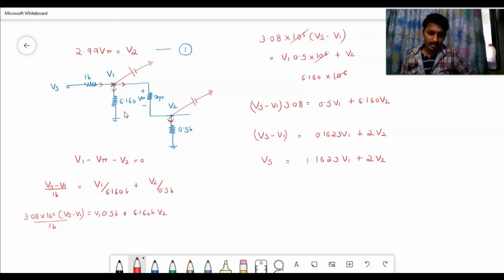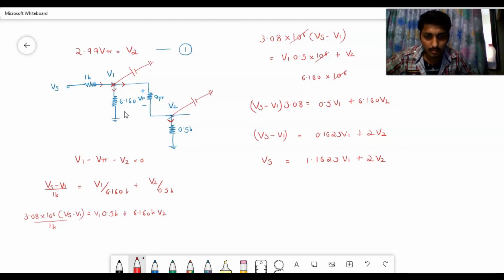You can see in terms of Vs we are getting, but if we talk about V0, so V0 equals minus Gm V pi Rc. So we have to replace V pi in terms of Vs. As you can see, we have got V2 in terms of V pi. So we will first replace this, and then if required, we will switch to this equation for V pi in terms of V1.